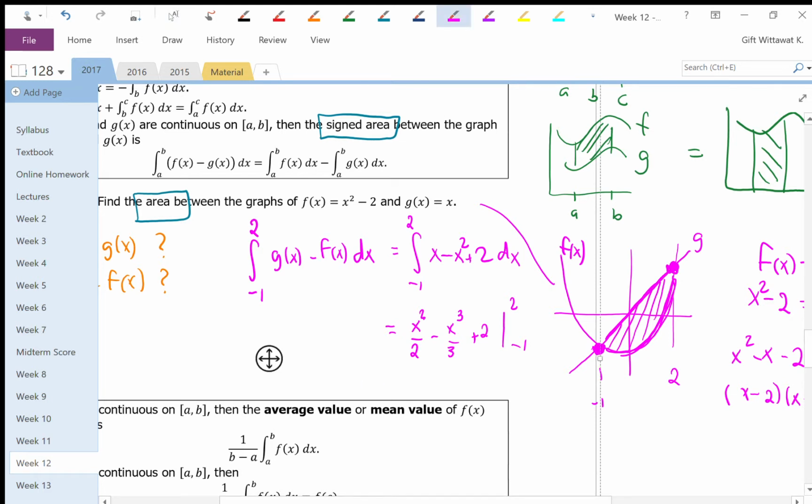If I plug in x equal to 2, I'm going to get 2 squared over 2 minus 2 cubed over 3 plus 2, minus the value at negative 1, which is negative 1 squared over 2 minus negative 1 cubed over 3 plus 2.